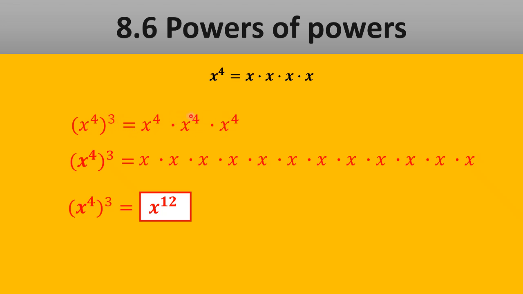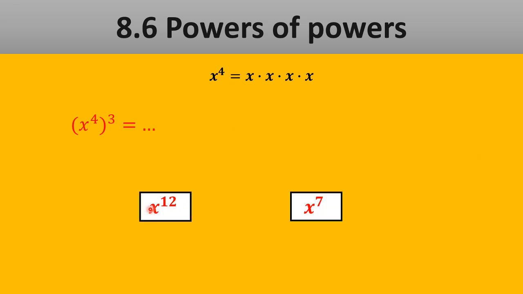If I expand those x to the 4th, I get x times x times x times x, and so on. If you count them, there are 12 of them. That means I have x to the 12th power, not x to the 7th. That's what happens when you do x to the 4th times x to the 3rd.